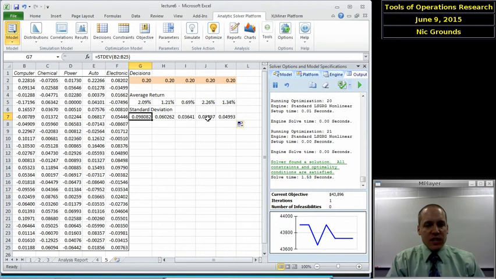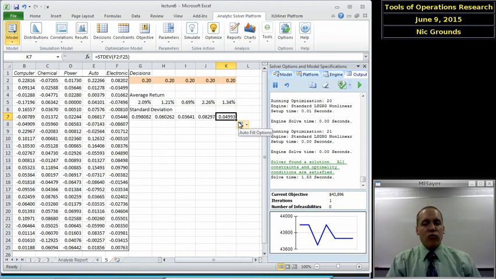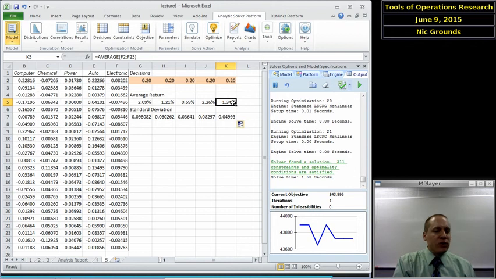Some of these other investments have lower standard deviations. They also have lower average returns. So I can invest in something more reliable, with a lower amount of variance or spread, but that usually comes at the cost of a lower average return as well. I'm not going to make as much on average, but I'm less likely to lose money in general.